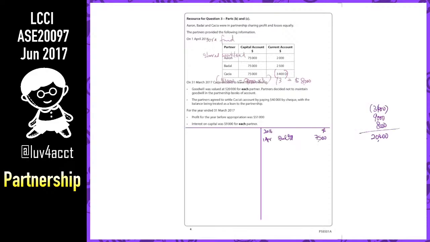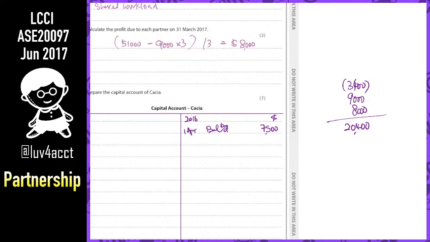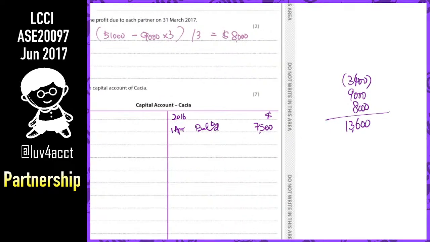Okay, so this should be 13,600. Okay, current account, this is 31st of March 2017, 13,600, current account of Cassia.